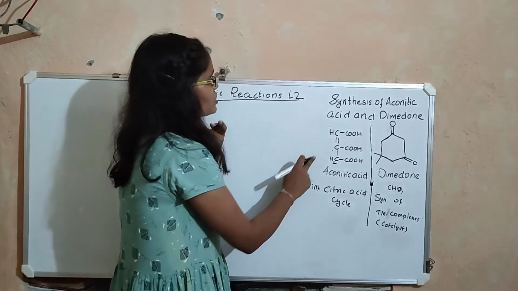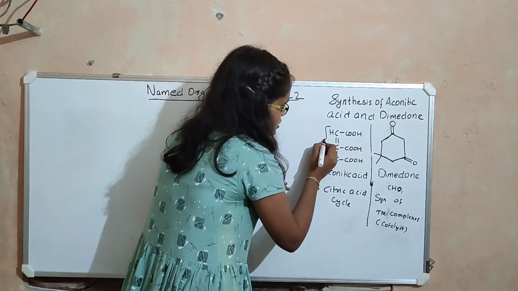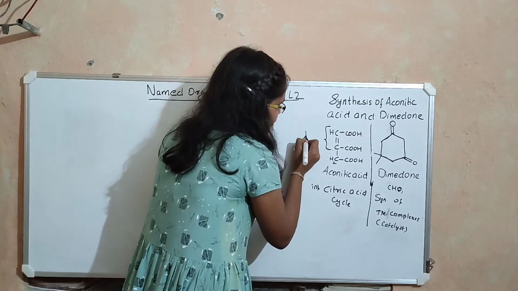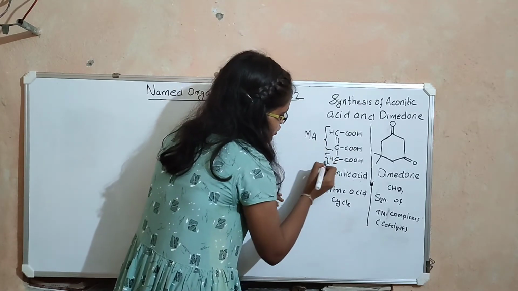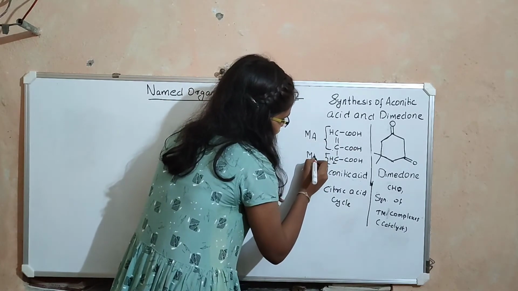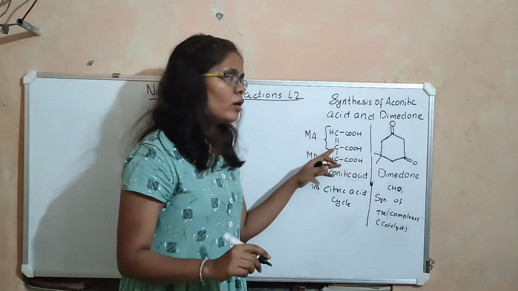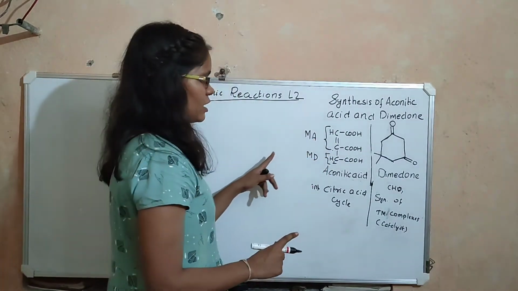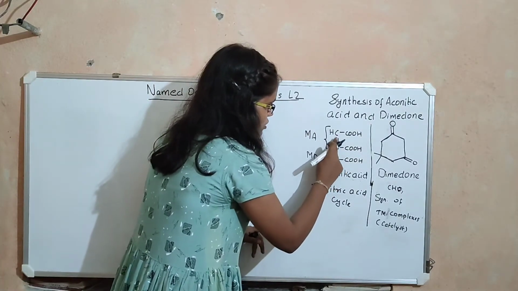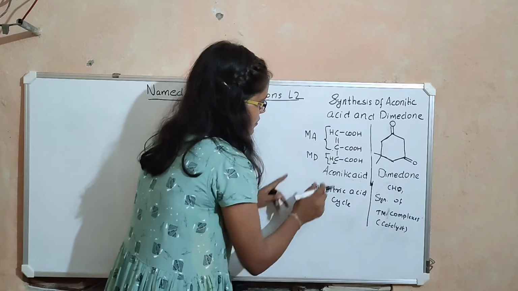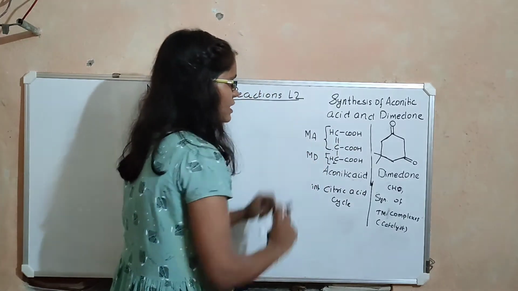If you look at its structure, you can easily guess that this portion could be from the Michael acceptor and this portion could be from the Michael donor, because we know that the Michael donor can form only a single bond with the beta carbon. So this cannot be the Michael donor because it is forming a double bond. Therefore this can be the Michael donor and this might be the Michael acceptor.